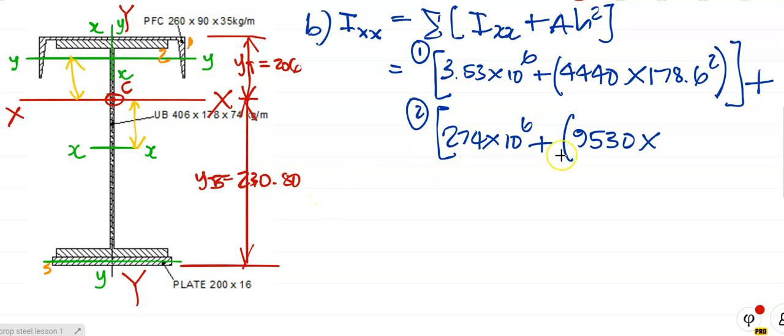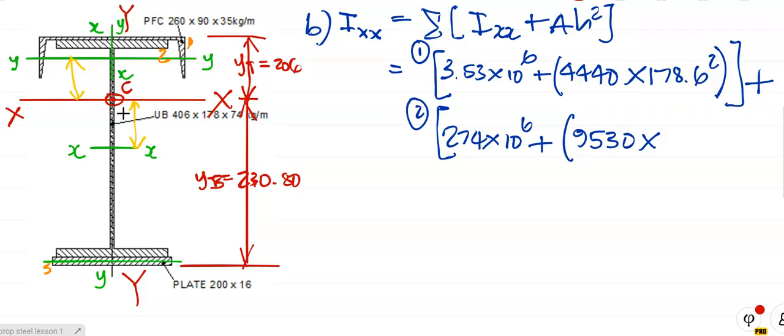Okay? Right, how do we work at h for the I section? How far is it from there to there? From there to the bottom? From there to there is half the depth of the I section plus 16. Take that away from that, and it gives us that. Okay, so what's the depth of the I section? It is 412.8, and I'm going to divide it by 2.